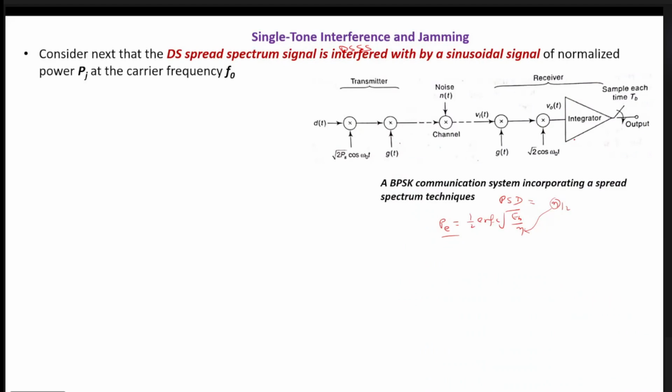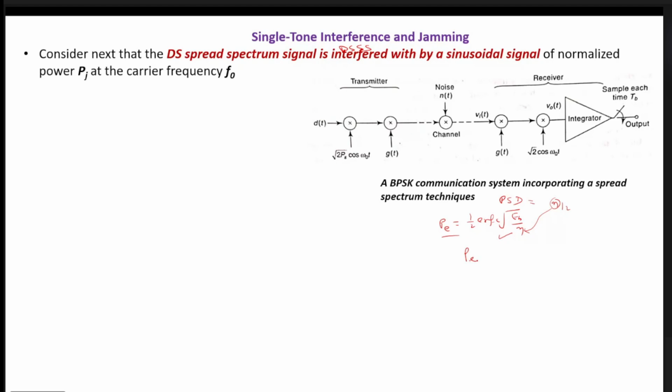Then after passing through the low pass filter, we will calculate which signals we get, and based on that we will calculate the power spectral density. That value gets equated with eta by 2, because we know that for white Gaussian noise eta by 2 is the power spectral density, whose probability of error is given by this equation, and just by putting that in we will be able to calculate the probability of error.